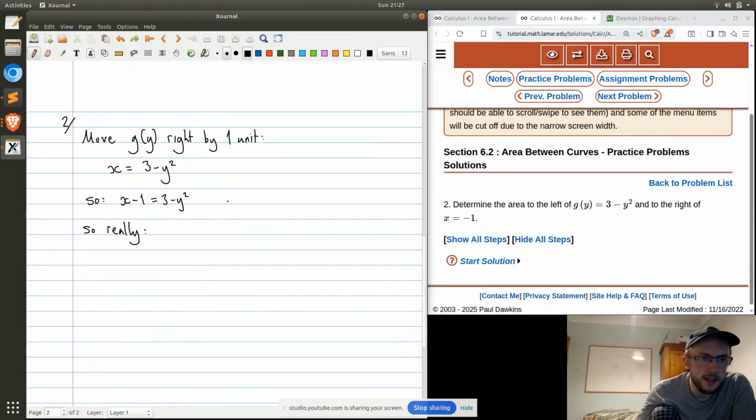I don't know how to articulate this, though. I know what I'm doing, but it's 4 minus y squared, and that obviously intersects the y-axis at 2 and minus 2. So it's really this, isn't it? Like that.